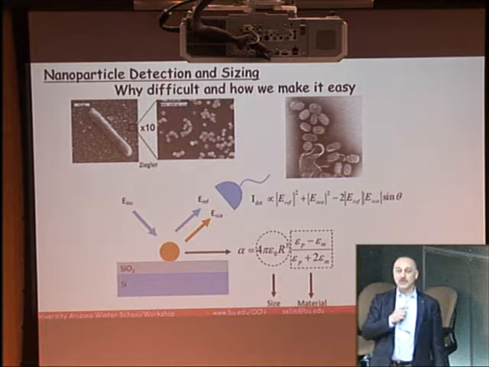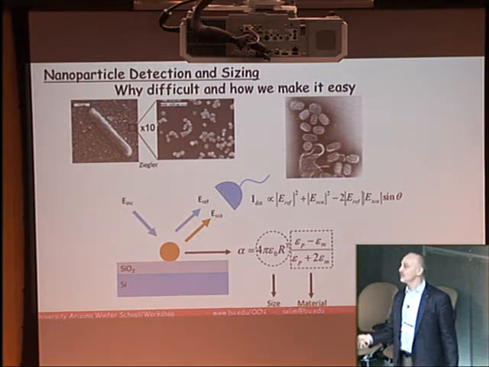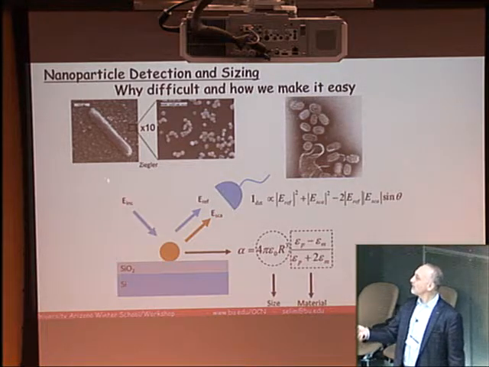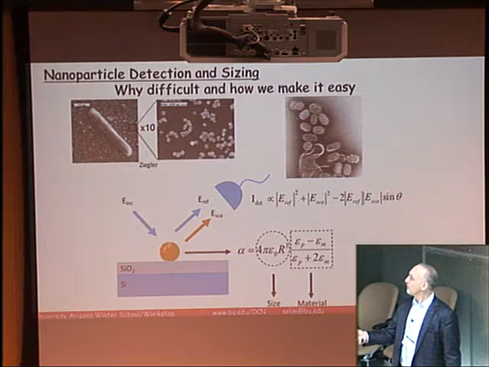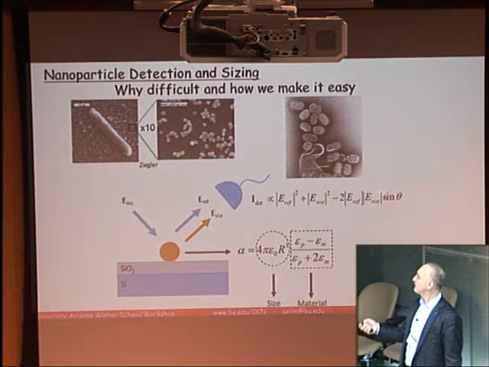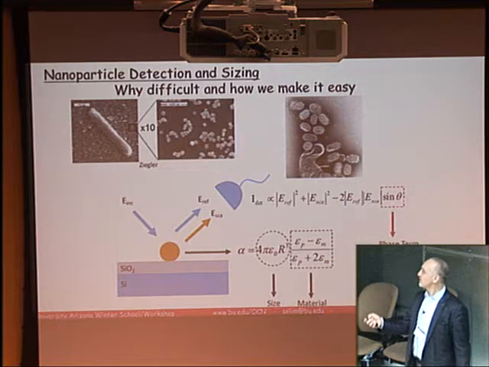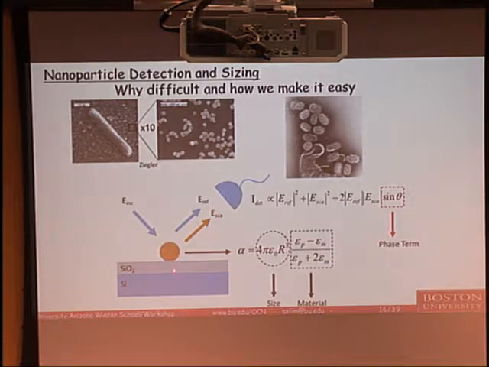We put the soap bubble underneath. Now we do interference. We do a homodyne detection, basically, where the incident light reflects from the reference surface and interferes with the scattered light. So you focus on this term. You can adjust this sine theta by controlling the focal point and the thickness of the silicon dioxide and make this strong.